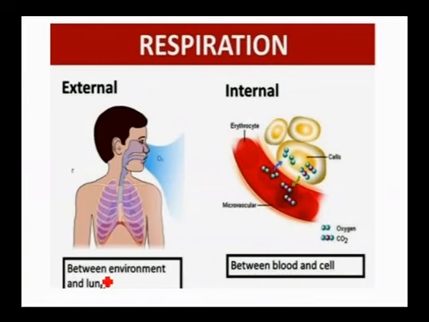When the exchange is between the lungs and the blood, you call it external respiration. First it has to reach the blood, and later from the blood it has to enter into the cell. When it is exchanged between the blood and the cell, you call it internal respiration.